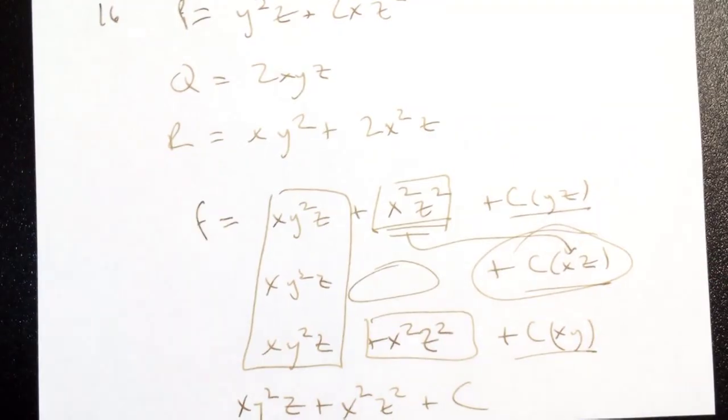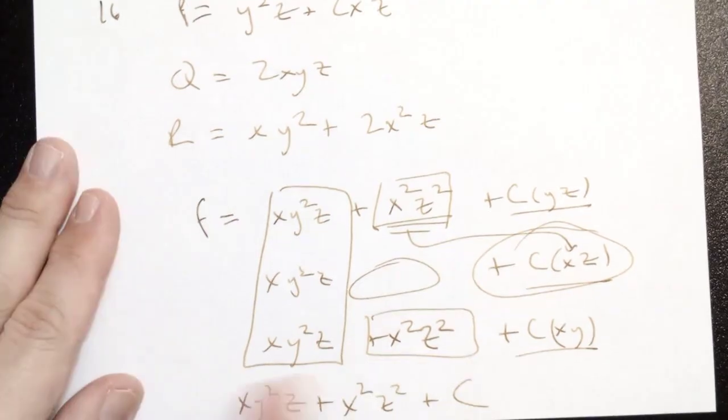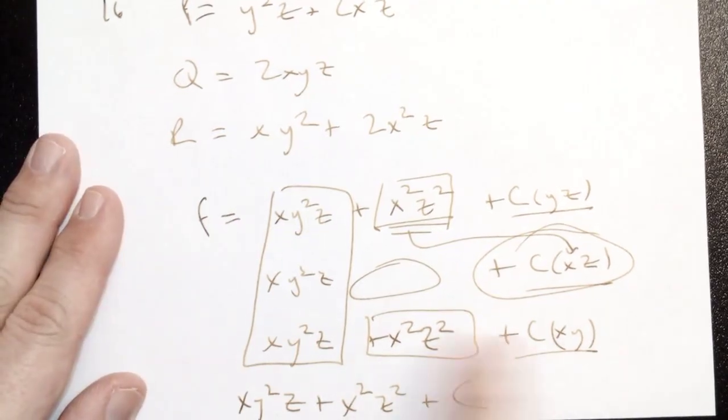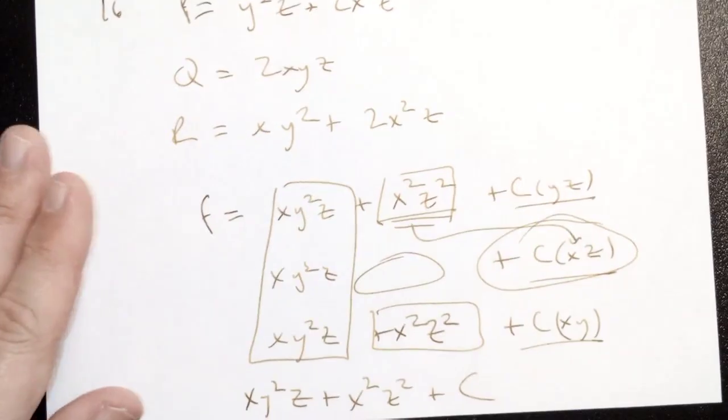Nope. I need to make sure that the same things can appear in every row. So where does this appear in this row? I need to have all of these things in this row, in this row, and in this row.